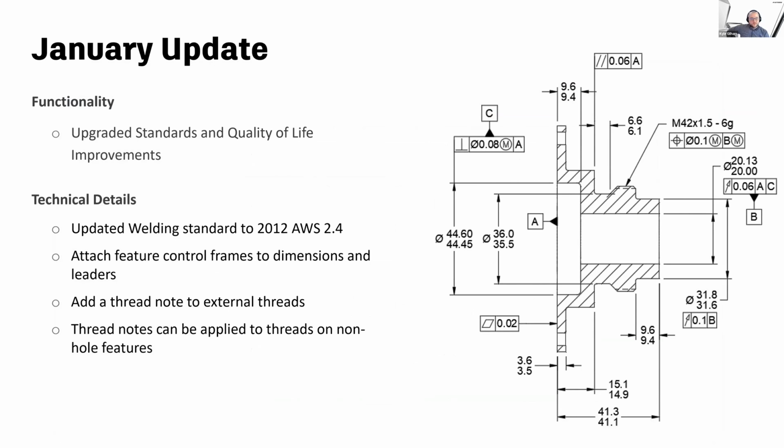So then came January. This was the January release in 2022, so we're in this current year now. This was more of a standards and quality of life improvement, but really nice.